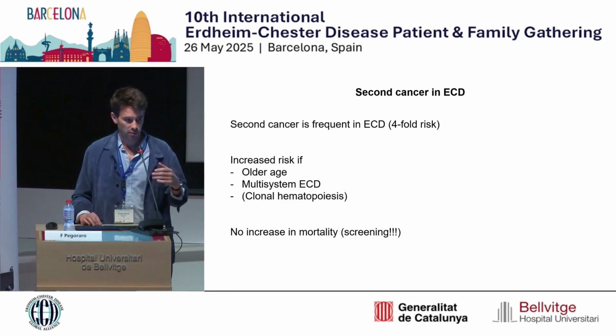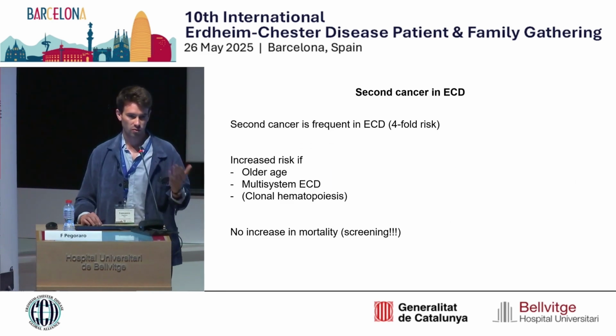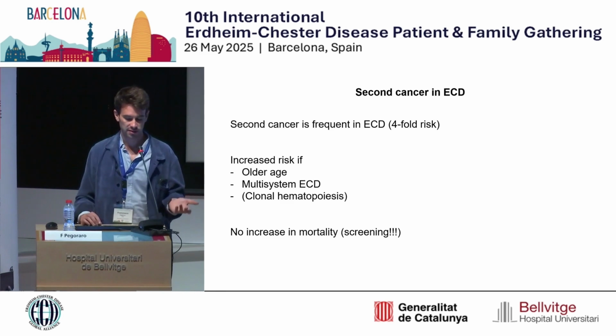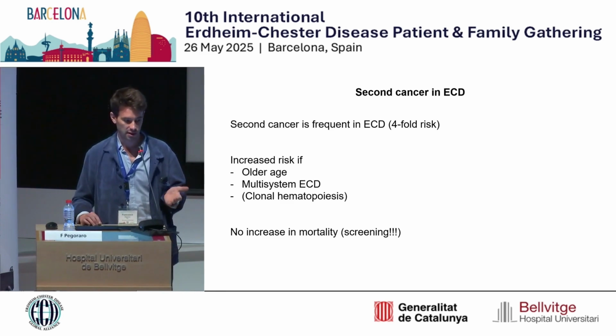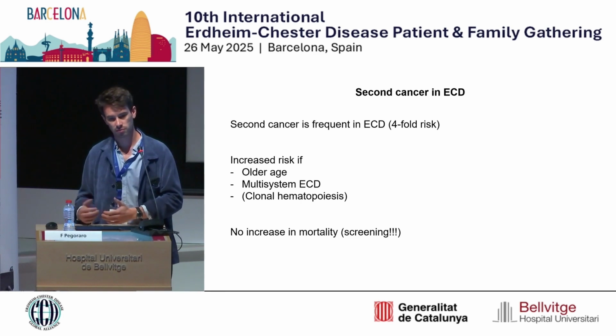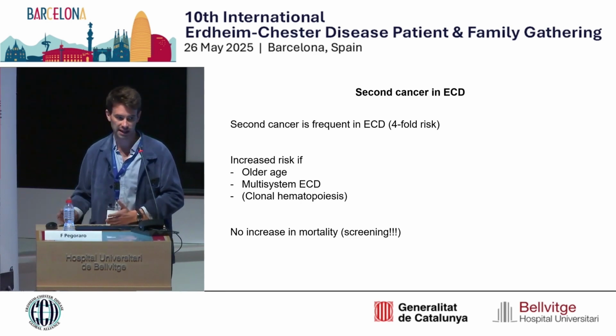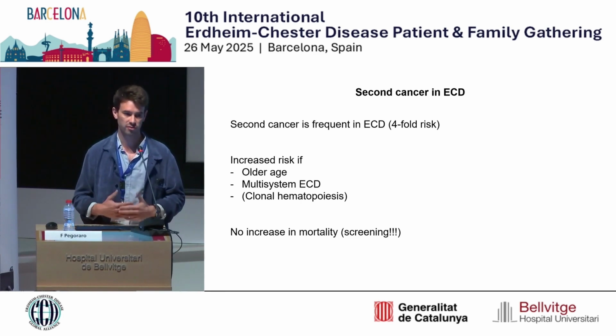We found that, as I said, 28% of patients can have associated malignancies, but we also compared to the possibility of developing a cancer in the general population, and that's really increased.